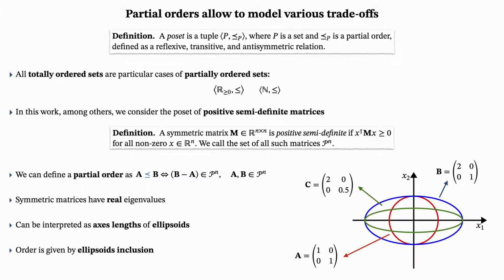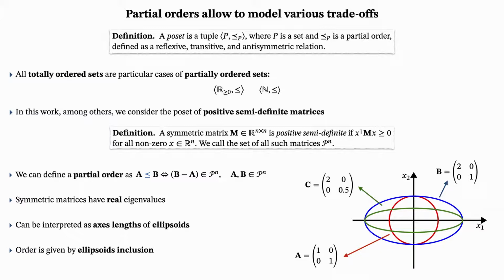However, posets give you a lot more flexibility than total orders. For instance, in this work we will use a partial order on positive semi-definite matrices. Consider two such matrices. First of all, we know that such matrices have real eigenvalues and can therefore be graphically understood as ellipsoids. We can define an order given by ellipsoid inclusion.